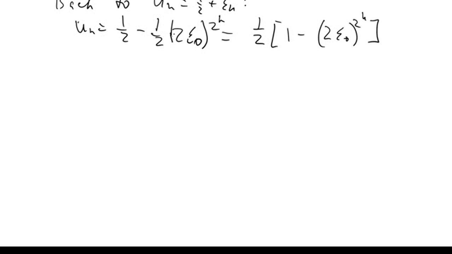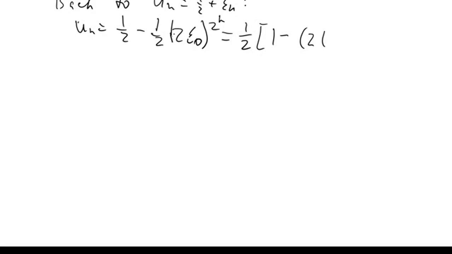So this is our analytical formula for un. So it will be 2 times u naught minus half, all of this squared to the power of n.